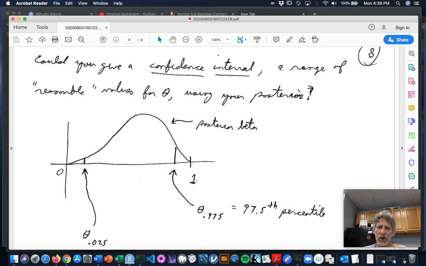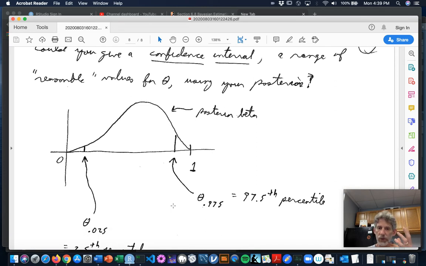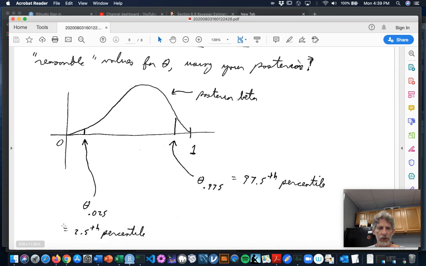It probably should be called a probability interval in Bayesian thinking, because in Bayesian thinking, you really do have this probability distribution for theta given your data. And the way that the Bayesians construct such a reasonable range is they might say, I would like a 95% probability interval. So I will go to the 2.5th percentile of my posterior distribution.